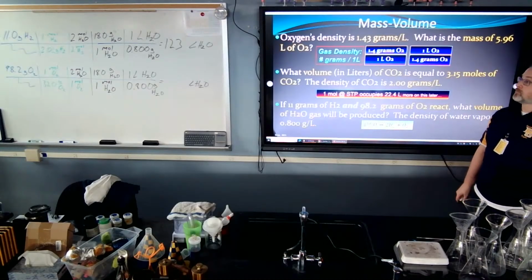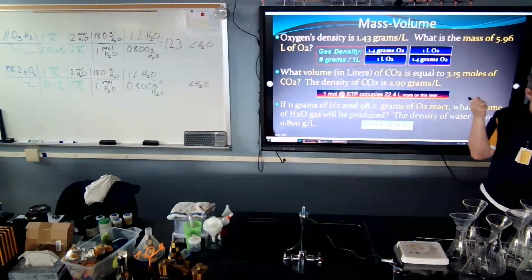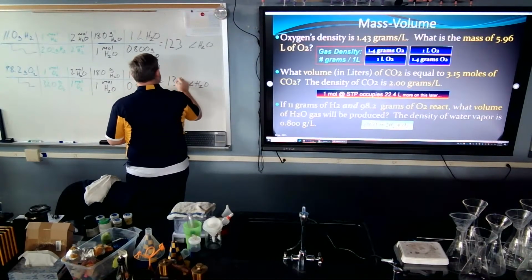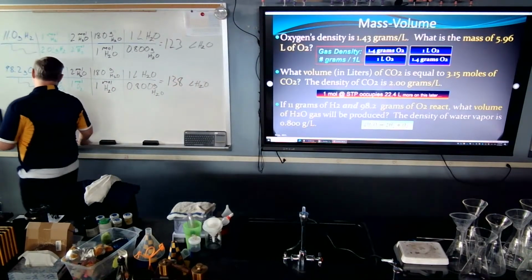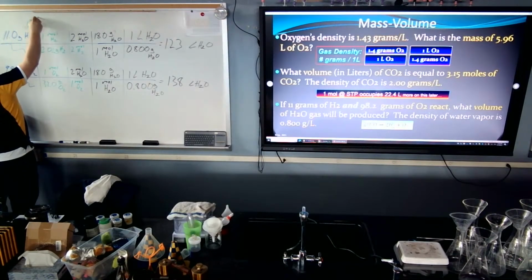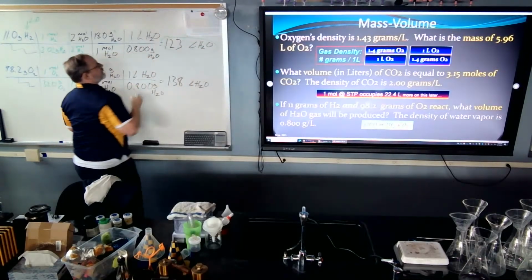You can't just say what Shane said. It's 138. How about someone on this side of the room? How much water vapor are we going to make? 138? Okay, I'll take it. All right, so which one is our limiting reactant? H2. So here's our limiting reactant and the product, 123 liters of H2O.